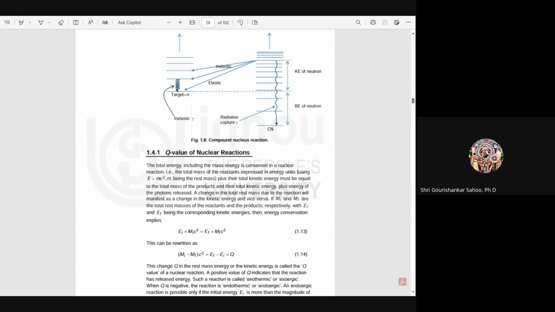The change in the total rest mass due to the reaction will manifest as a change in the kinetic energy or vice versa.